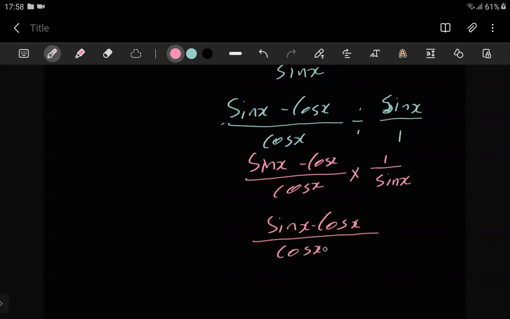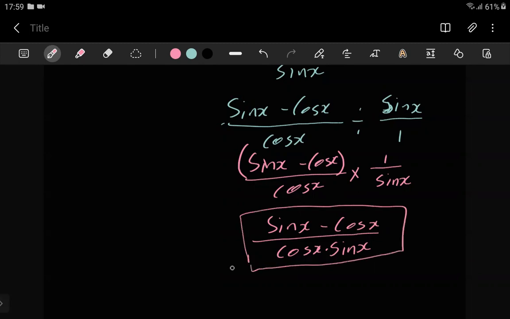The one that had the 10 is more or less on the same level of what's simple. Here we can see the top multiplied by 1, you are just going to have this. The bottom multiplied by the sine x, you're just going to have this. From here, you can safely say there's no way you can go anywhere. So this is as simple as it gets.